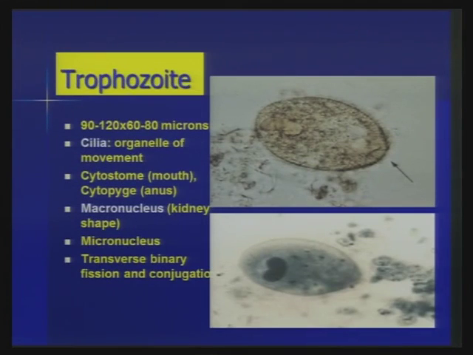So once you take a look under the microscope, I think that you remember the morphology of the cyst and the trophozoite. It's very easy to remember, and I hope you will not miss it in the exam, because it's very unique. Once you see the nucleus here, you know this is Balantidium coli, and look at the size.